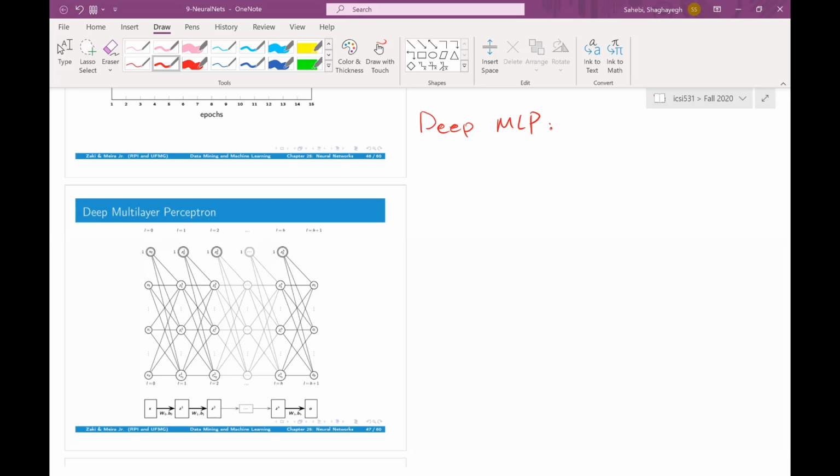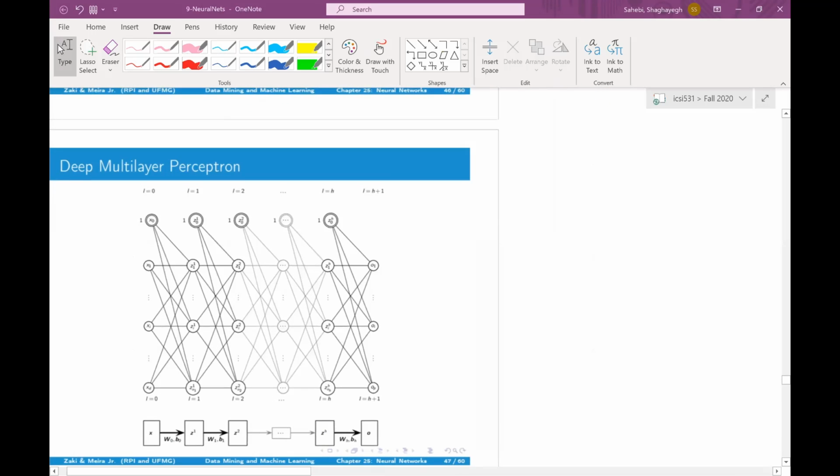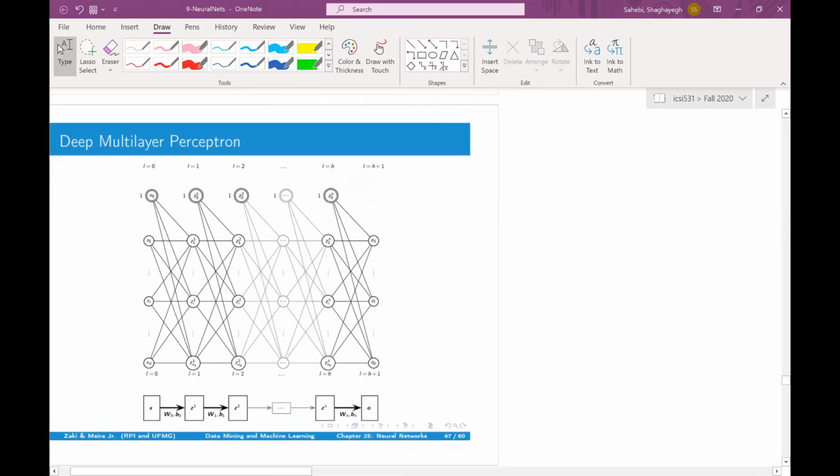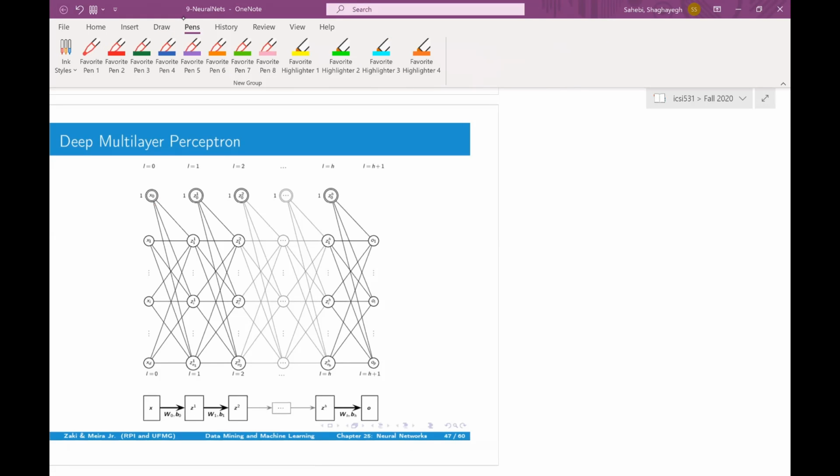So what is the structure of deep MLP? You can see that here. We still have our input layer, and we still also have our output layer. This is our last layer.